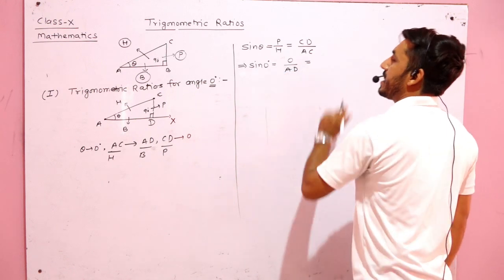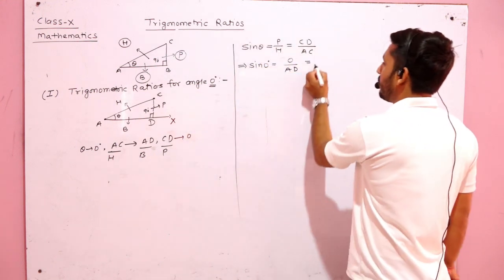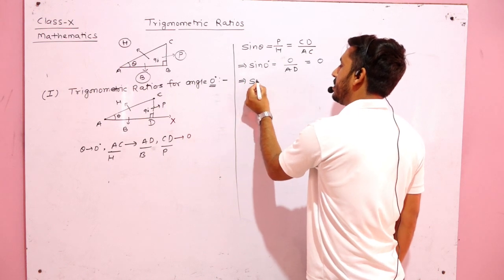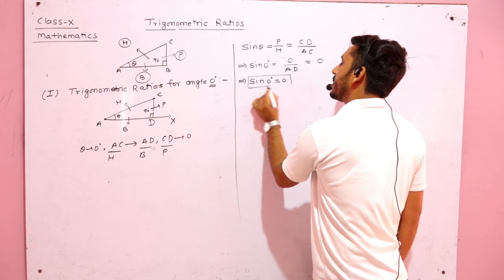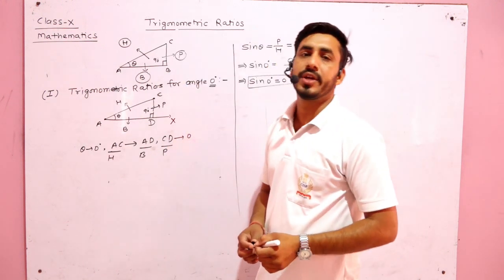If I divide 0 by any non-zero value, the result will be 0. Then I can see here sin 0 degree is equal to 0. This is the condition when I make theta equal to 0 degree.